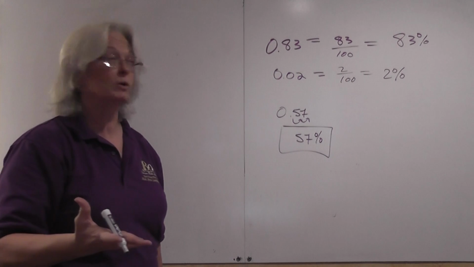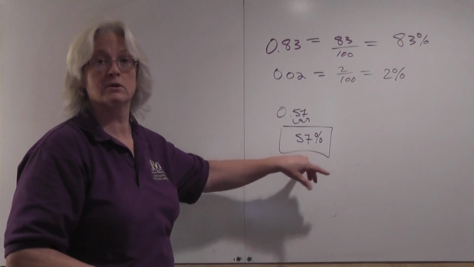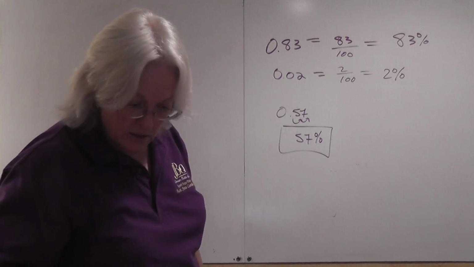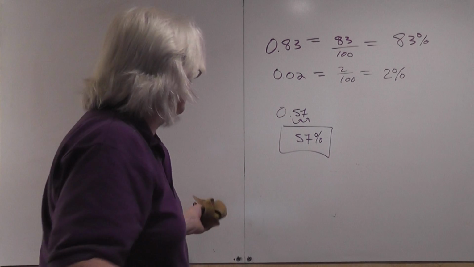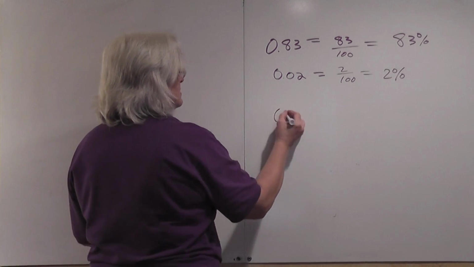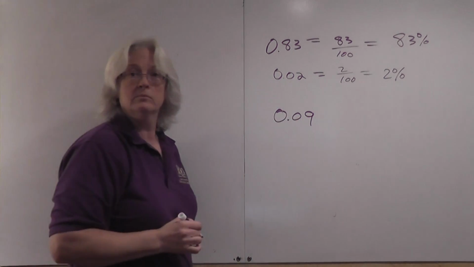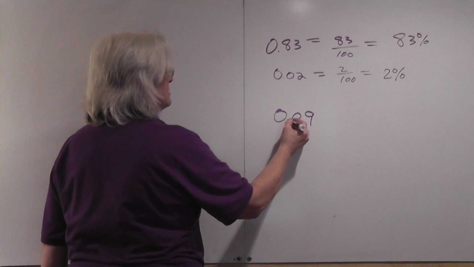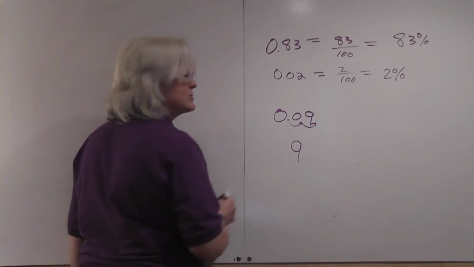And that is all in the world you have to do to convert decimals to percentages. So if we have 0.09 and 0.4, 0.09, what do we do? Move the decimal point 2 spaces to the right, which is a 9.